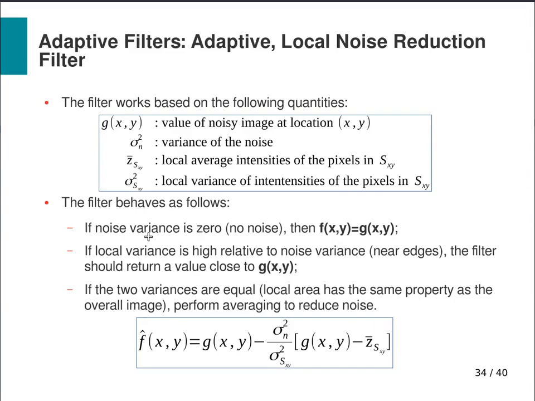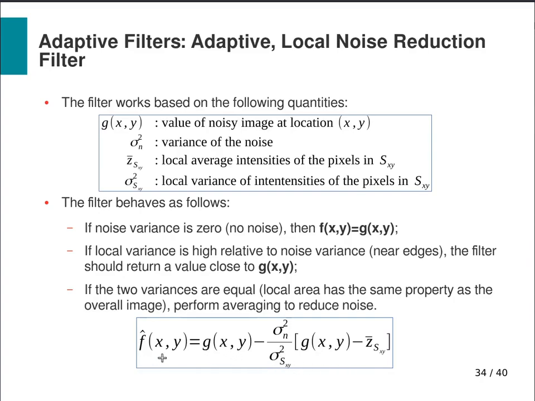If the noise variance is 0, which means sigma n squared is 0, this equation returns f hat of x and y equals g of x and y. If the local variance is high relative to the noise variance, so that basically means sigma s xy squared is larger than sigma n squared, then this ratio is going to be small, which makes this term small.